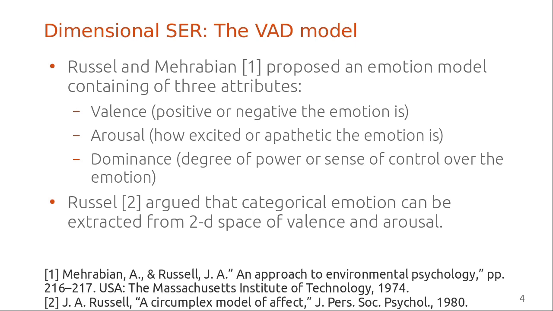Valence relates to how negative or positive the emotion is. Arousal relates to the degree of activation from sleepy to excited, while dominance relates to the feeling of control over their emotion. Furthermore, Russell argued that categorical emotions can be mapped into two-dimensional valence and arousal space, like in this picture.